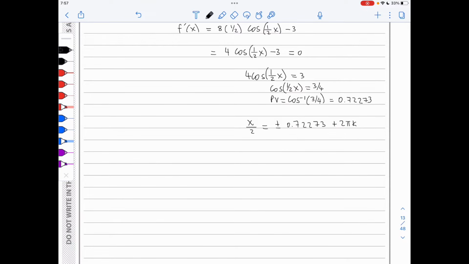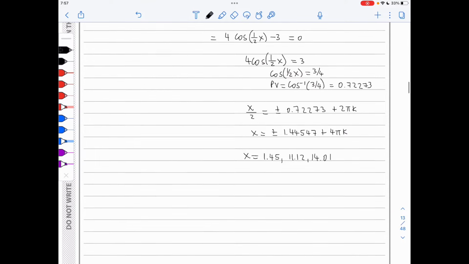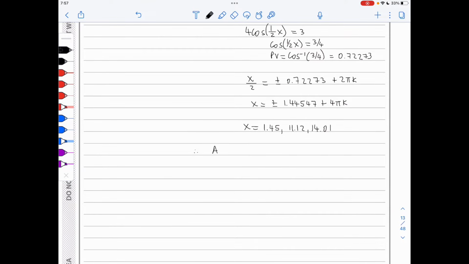If I multiply throughout by 2, I get that x is plus or minus 1.44547 plus 4 pi k, and the first three positive solutions are x is 1.45, 11.12, and 14.01, and therefore we conclude that at P we have that x is 14.0.